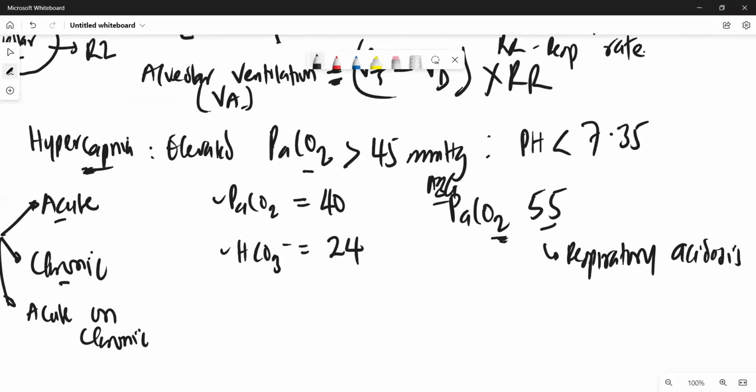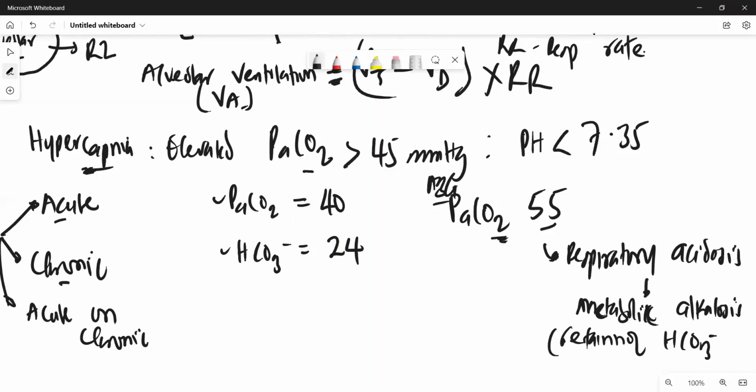And the compensation for respiratory acidosis would be metabolic alkalosis, which basically means they are retaining bicarb. So I expect the bicarb to be elevated if there's compensation.